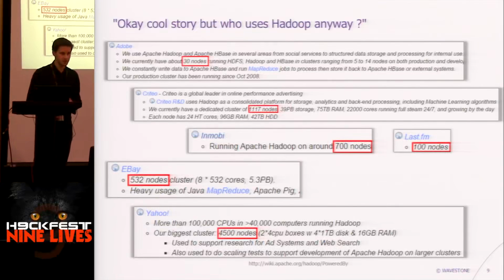So far you can say, yeah, that's cool, really interesting, but who really uses Hadoop today anyway? Formerly, I would say only web giants: Criteo, Adobe, eBay, Yahoo. These are the actual numbers from the Hadoop page. But the thing you have to understand is that before, only web giants had the capacity to process large data sets.